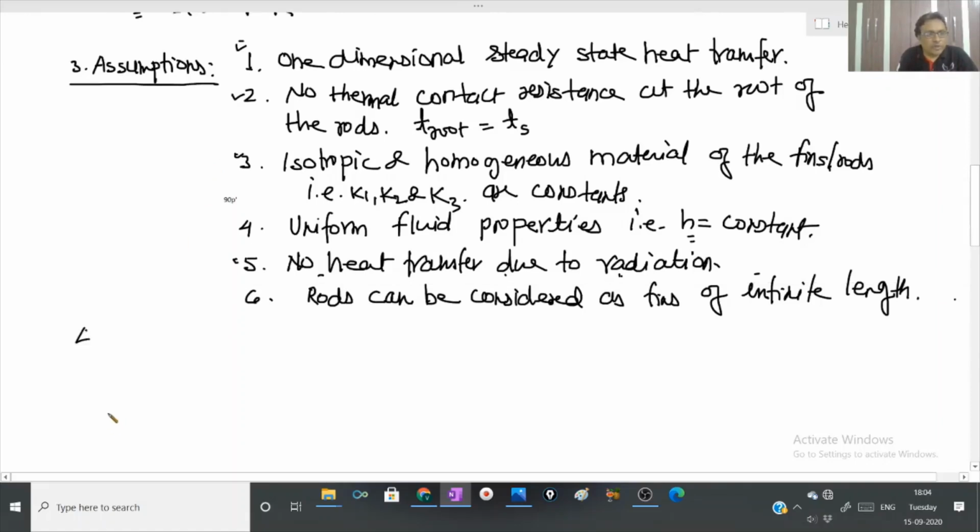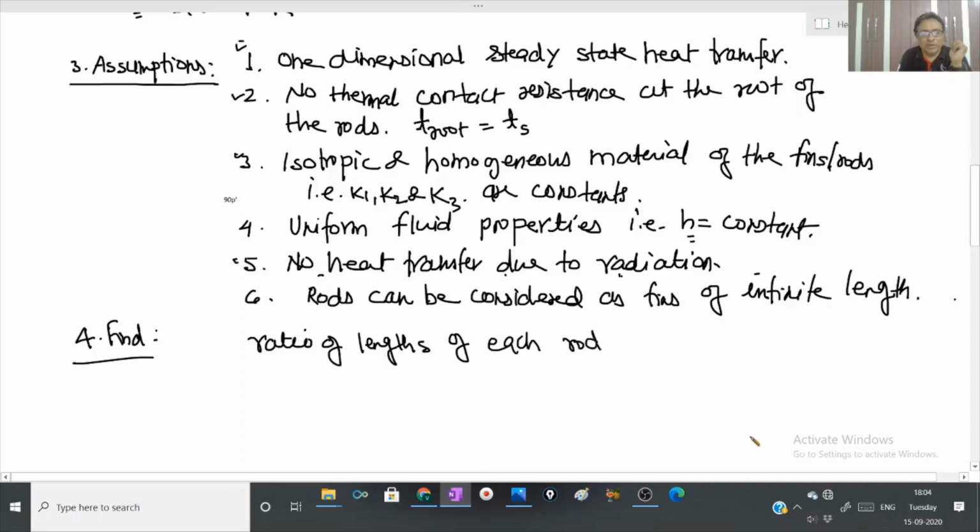So what you are supposed to find out, we are supposed to calculate ratio of length of each rod up to which wax will melt.